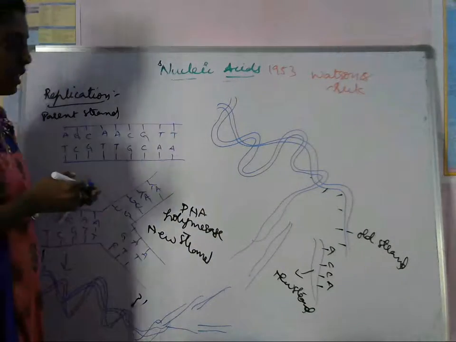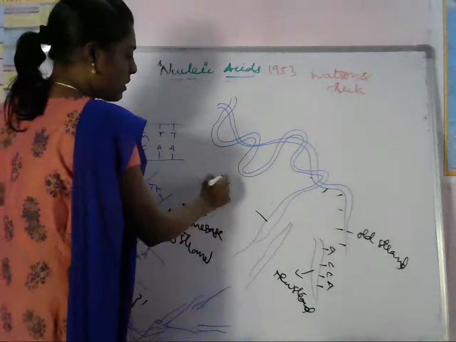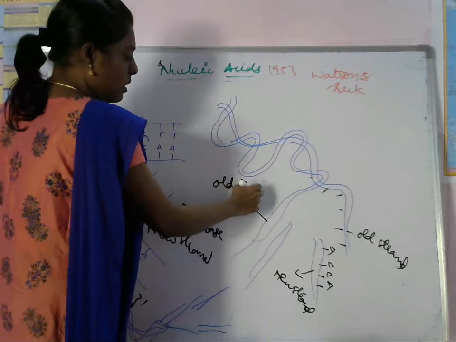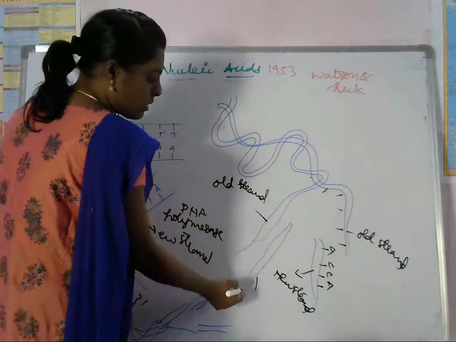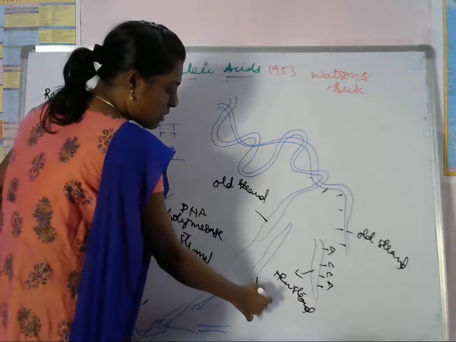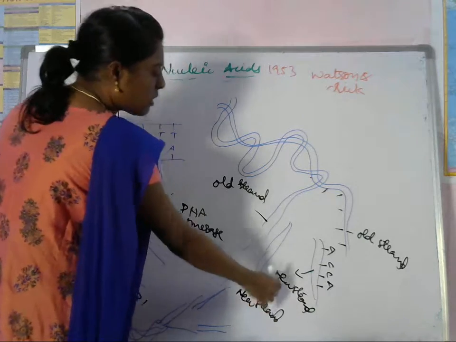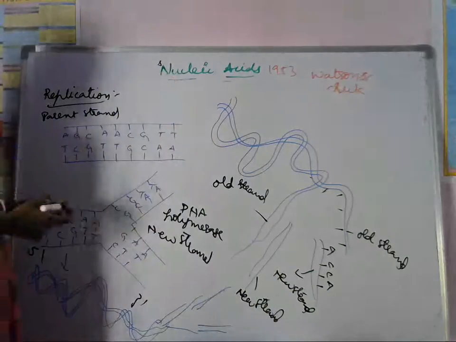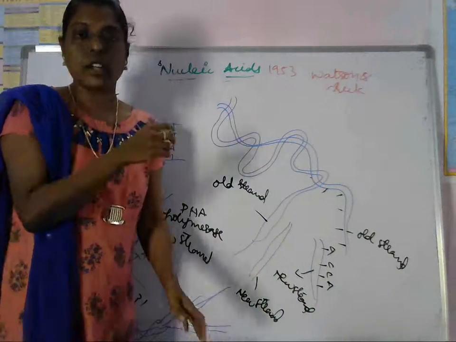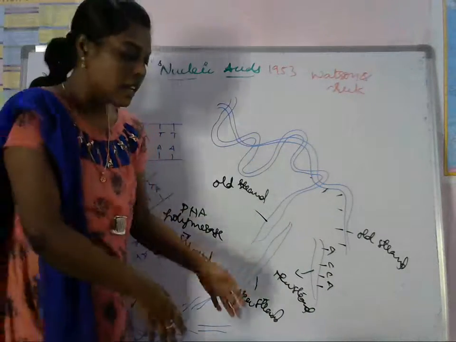Okay, so this is also the old strand, and this is the new strand, means the daughter strand. So like that, it produces copies of the daughter strands.